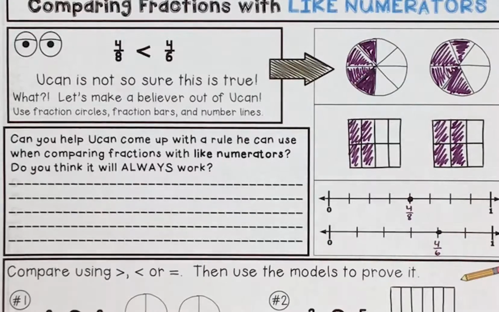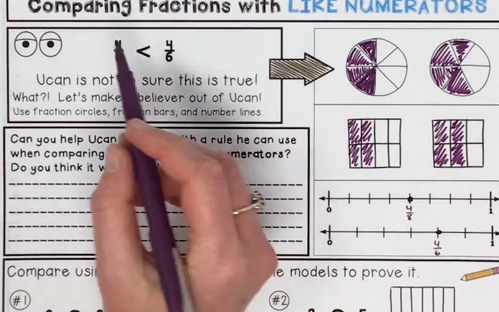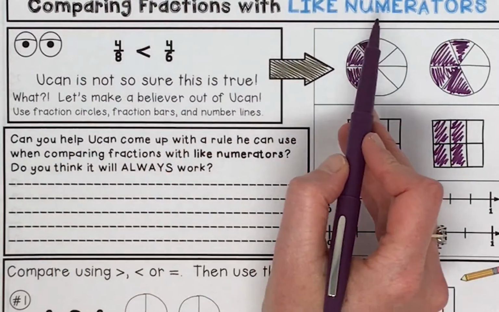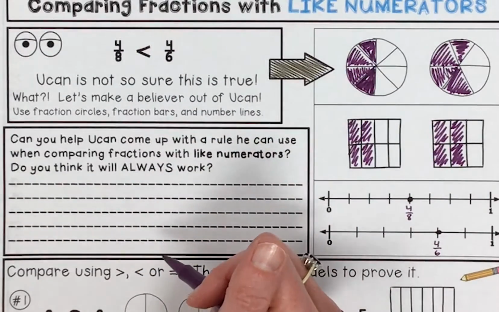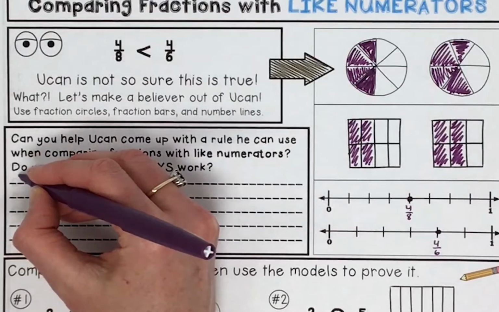Time to come up with another rule. This time, I want a rule for how to compare fractions with like numerators, when my numerators are the same. And guess what?